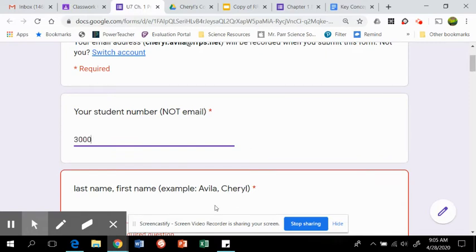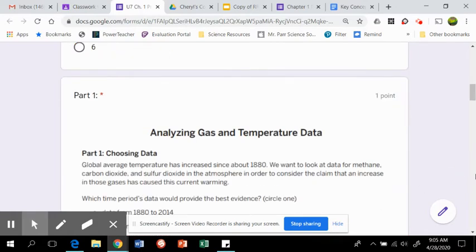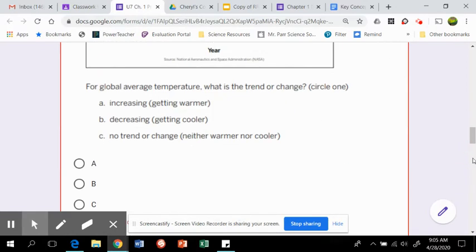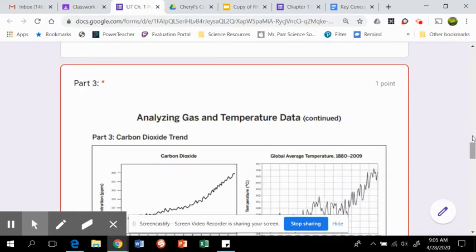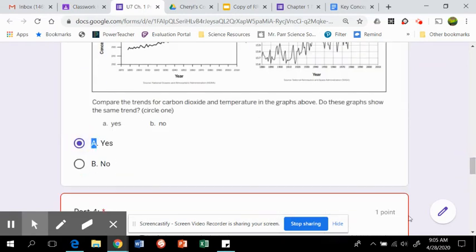Okay, and because I put it in as a student, I'm going to have to go in and put an answer for each one before it shows me the next section. If I don't, and I was using mine, you are going to see answers. So can't do that. So I'm just going to put in some random answers.